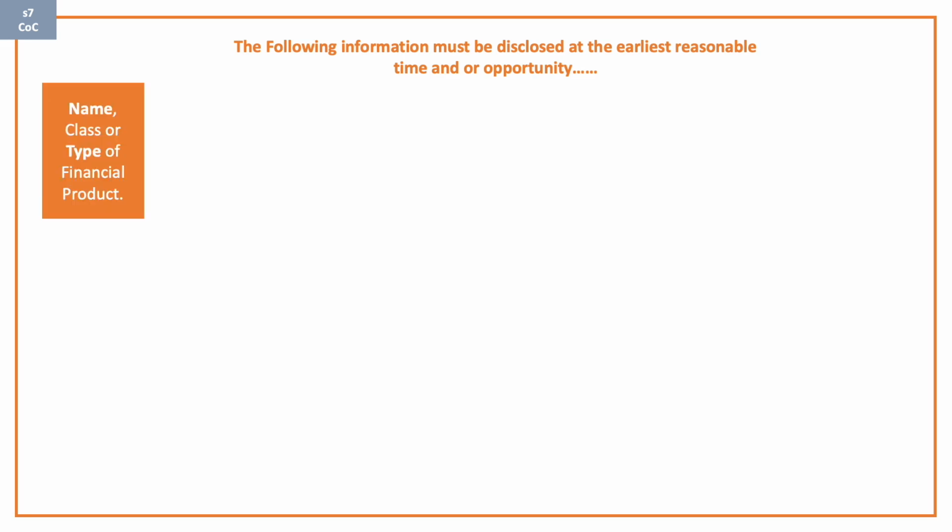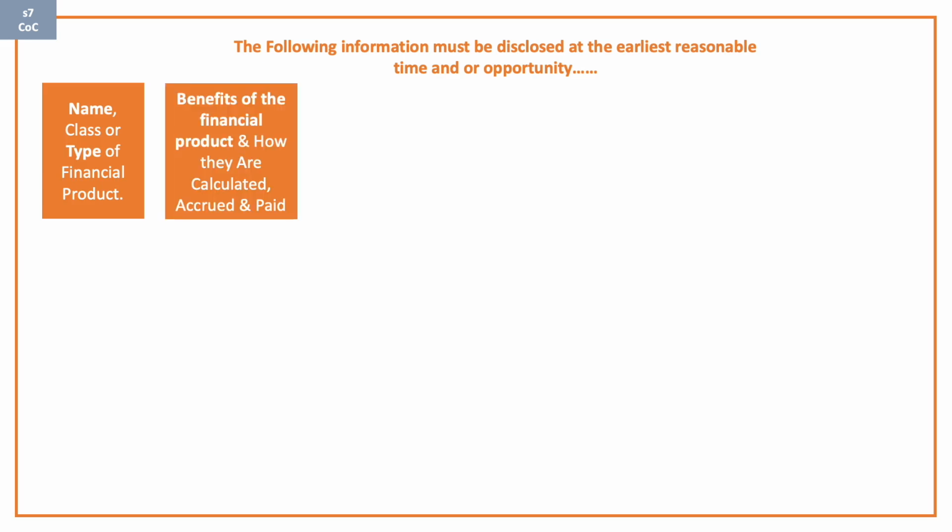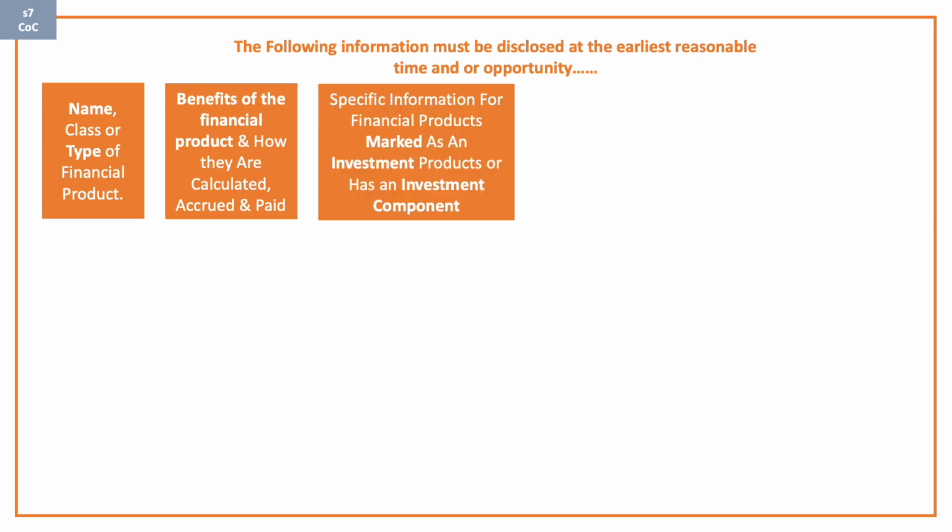1. The name, class, or type of financial product. 2. The benefits of the financial product and how they are calculated, accrued, and paid out. 3. The specific information for financial products marked as an investment product or has an investment component. 4.